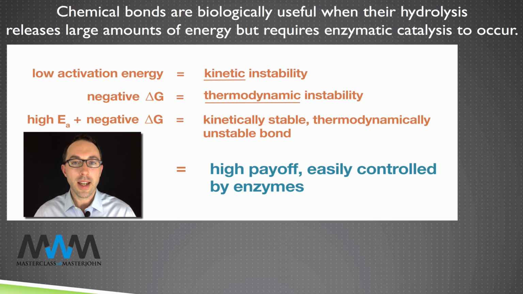So body heat cannot provide the energy in the uncatalyzed reaction to get over that barrier. And the role of an enzyme is to bring the activation energy barrier below body heat. So unless otherwise noted, the rule is that all these things are kinetically stable.